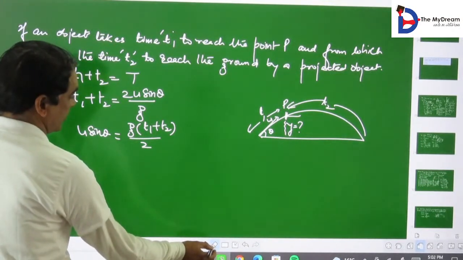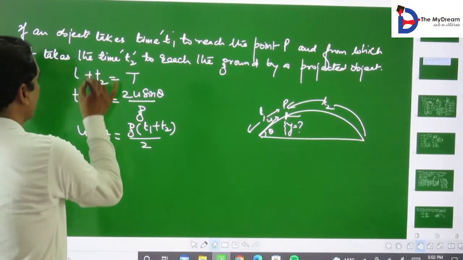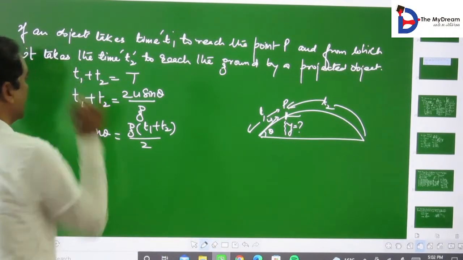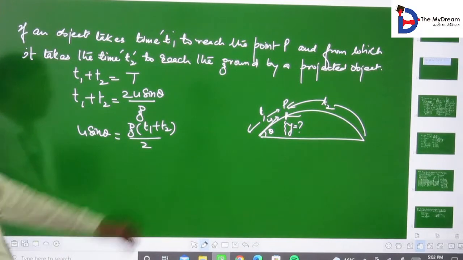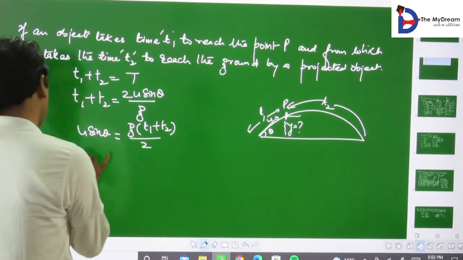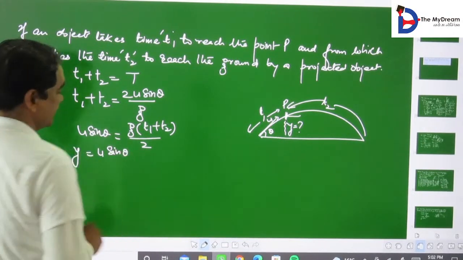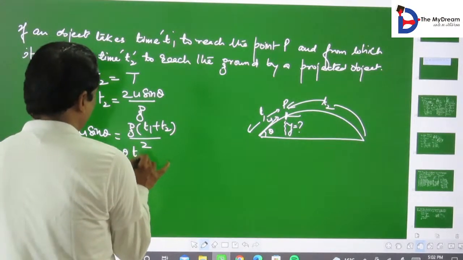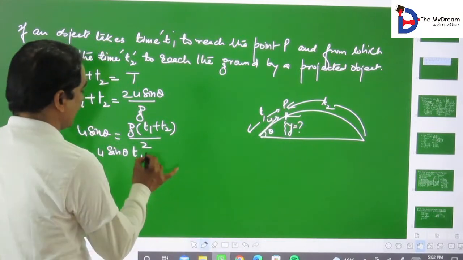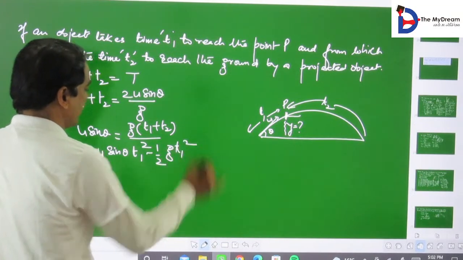नोट कर रहे हैं आप? And you want to discuss the vertical displacement over here. So y is equals to u sin theta into t1, यहाँ से यहाँ तक का तो t1 टाइम है ना बेटा, माइनस हाफ g t1 स्क्वायर.